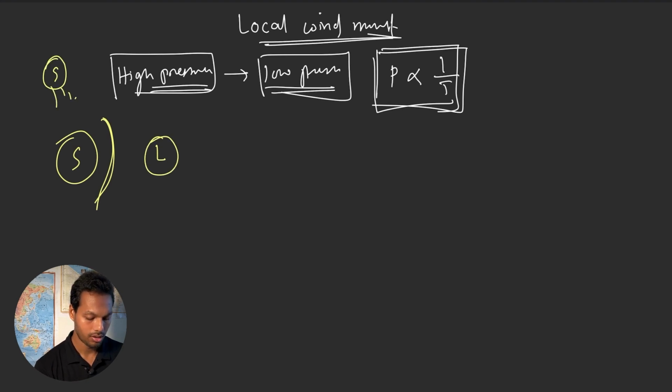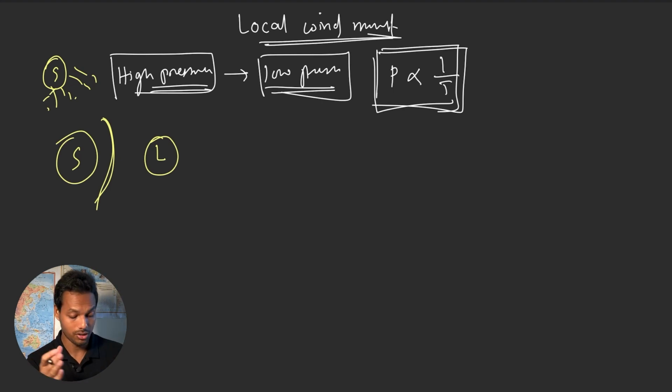Suppose this is the sun, and solar radiation is falling. Both places are near each other, the sea or pond and the land mass surrounding it, so both are getting an equal quantity of solar radiation.